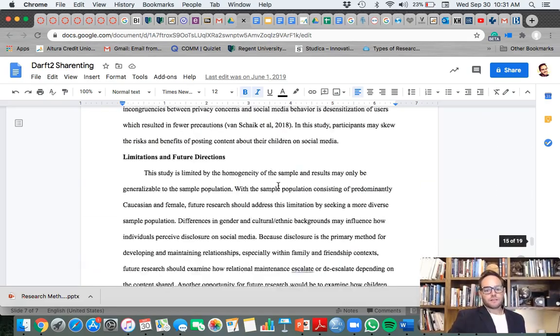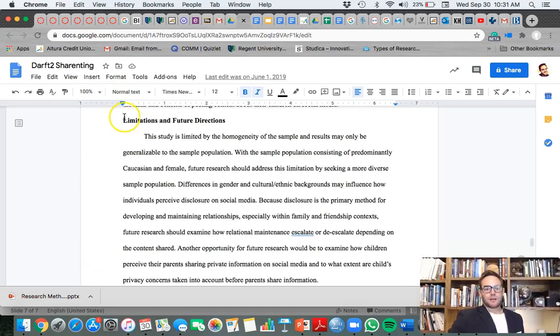And then typically towards the end of any research, there's always a discussion on the limitations and future directions. Keep in mind that when you do research, there are significant limitations to what we can accomplish. In this section, we want to be transparent and say, look, I didn't study this, which is a limitation, or I took this approach, which doesn't provide any empirical evidence to suggest that this is what's actually happening.